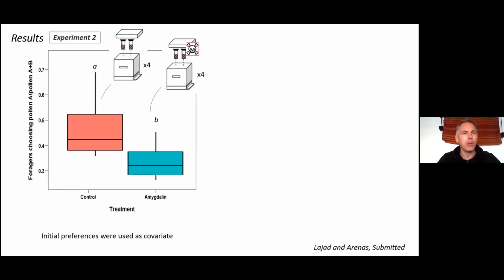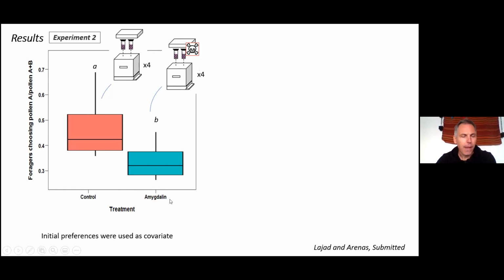Here, I will show you the results for experiment 2. It was repeated with 4 different colonies for the control, and 4 different colonies in the amygdalin treatment. As you can see here, preferences of foragers were reduced in the amygdalin group.